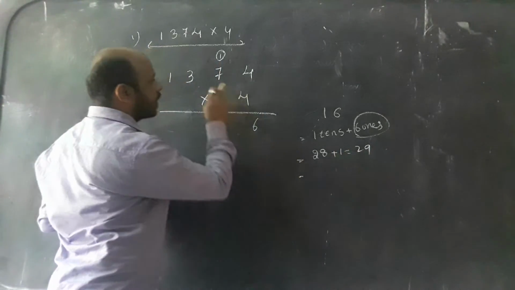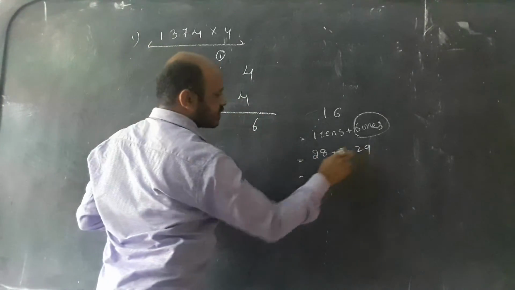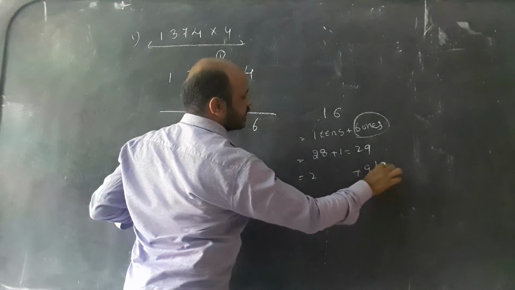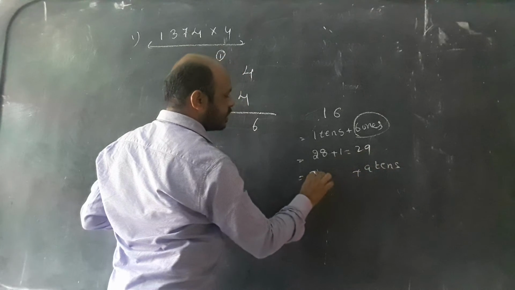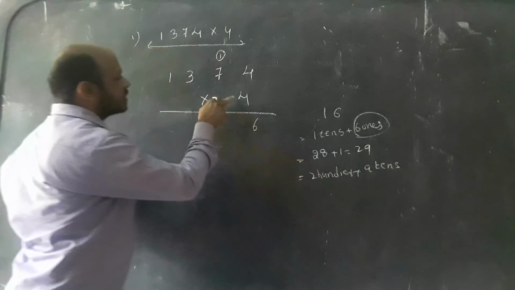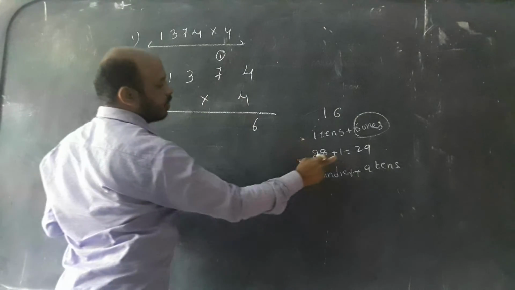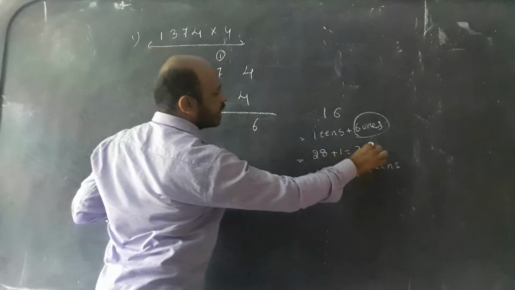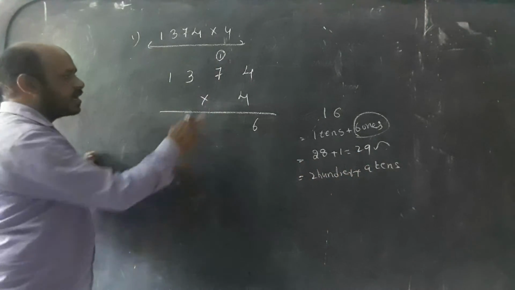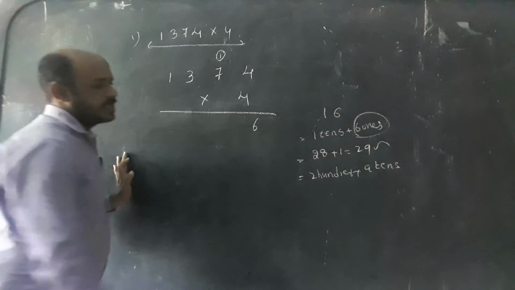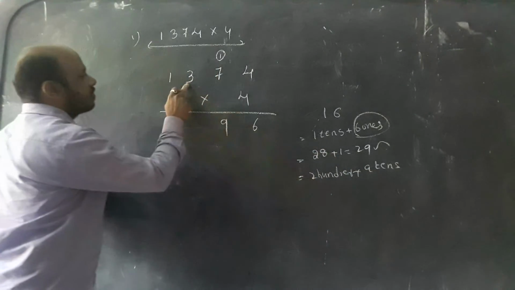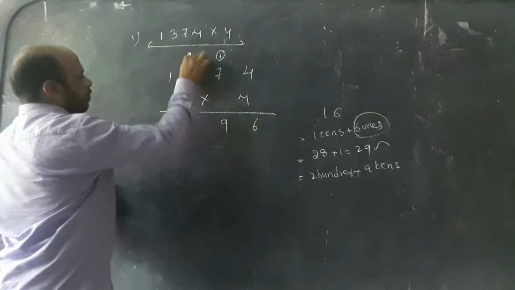We multiplied the tens place, so 9 is in the tens place and 2 is in the hundreds place. 28 plus 1 carry is 29. We write the 9 down in the tens place, and the 2 is carried forward to the hundreds place number.